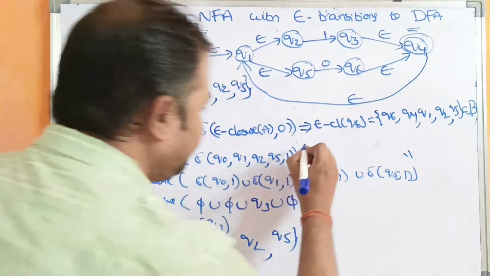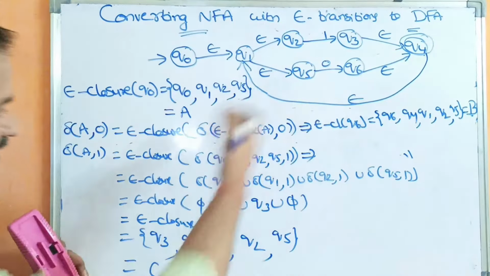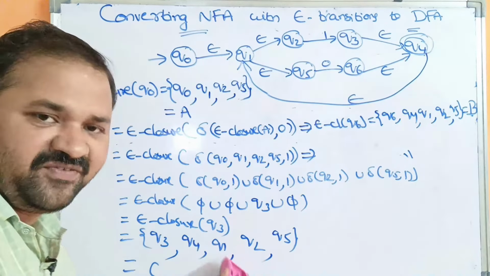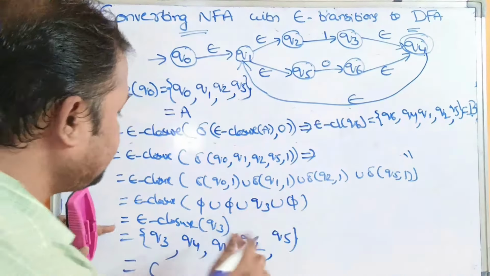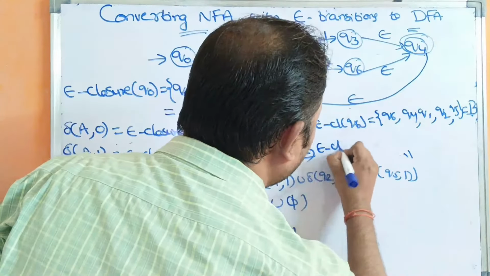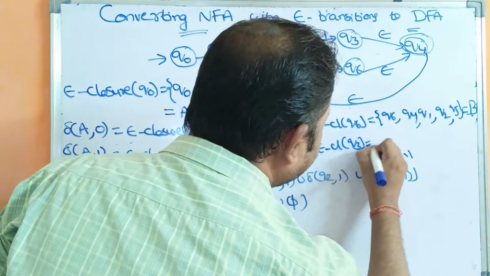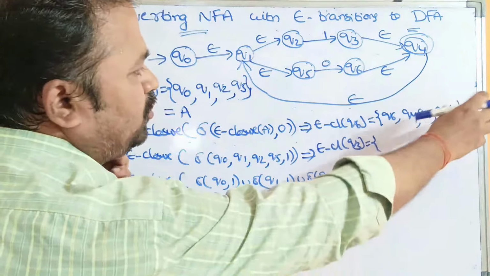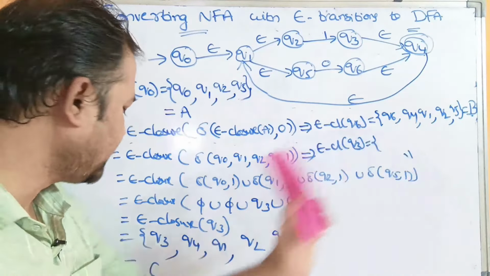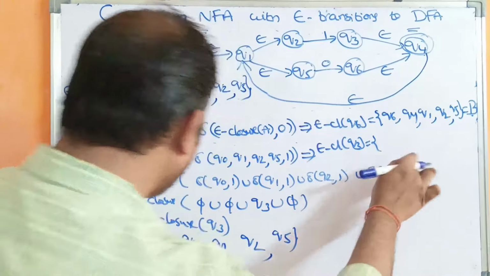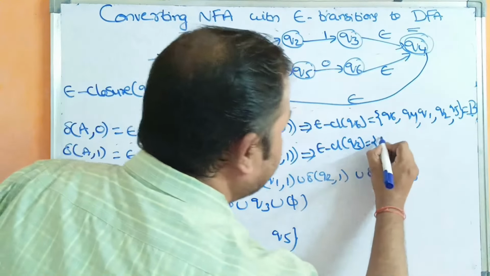So for space constraints, let us write these lines here, because these states are needed in further steps also. So this is nothing but epsilon closure of Q3. In the examination, there is no need to note down all these steps. Already we have written these steps here. So what is epsilon closure of Q3?